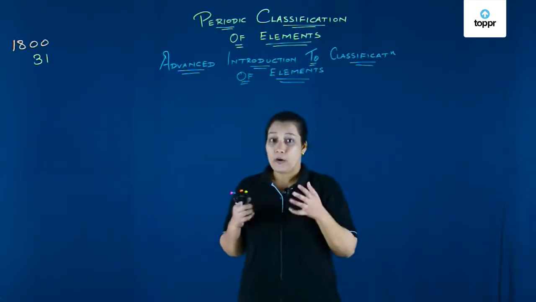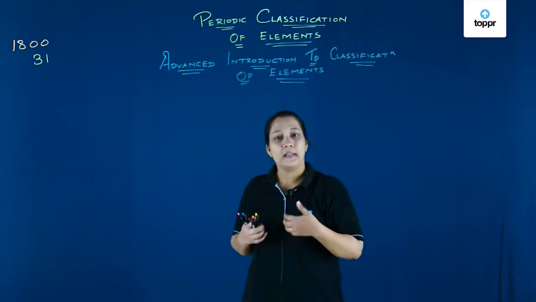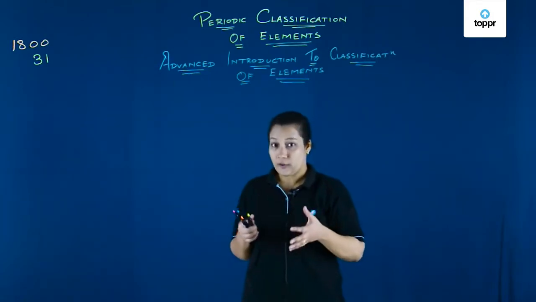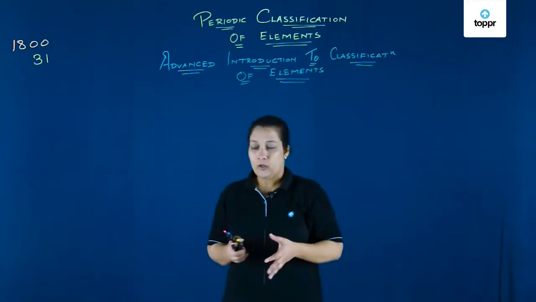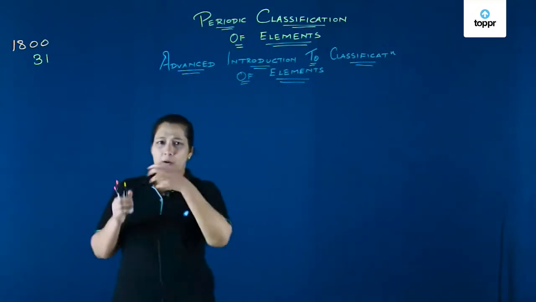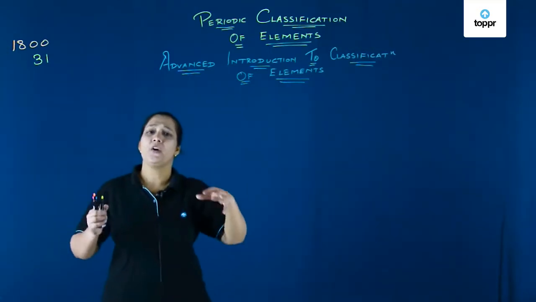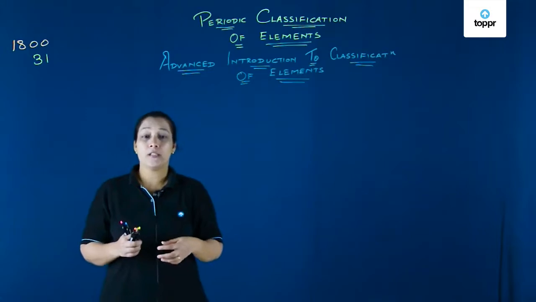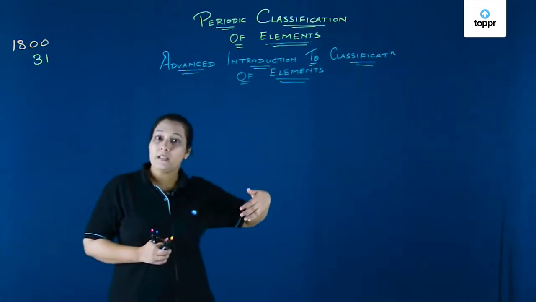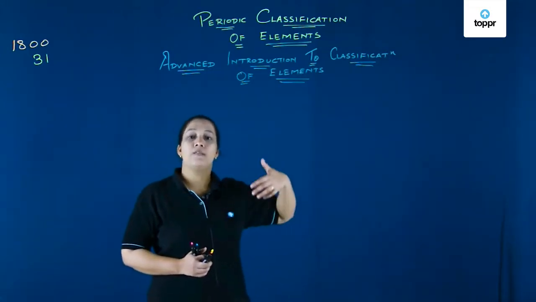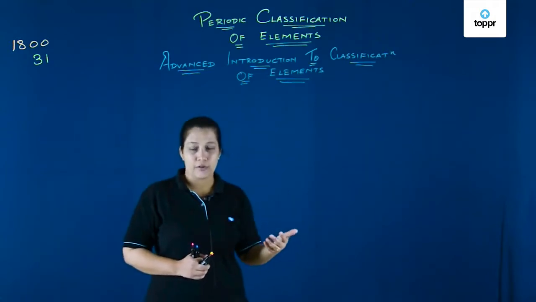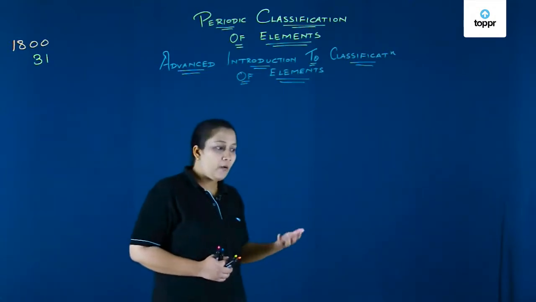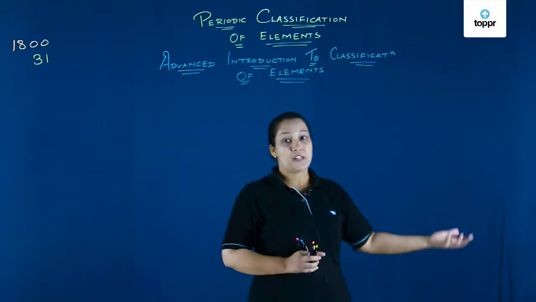Then they started thinking whether there could be an arrangement made to accommodate all of these elements in a particular order, so that it's not difficult for the forthcoming scientists or students who study chemistry or science to find out which property matches with which one.